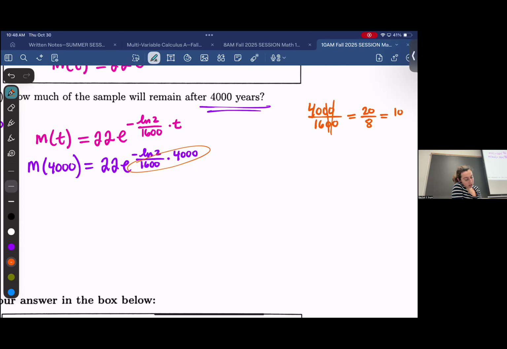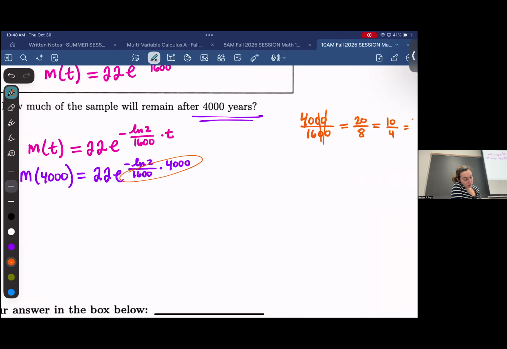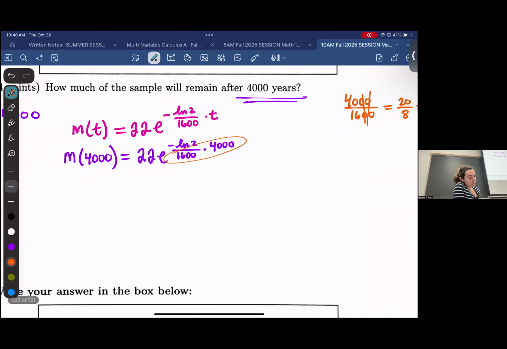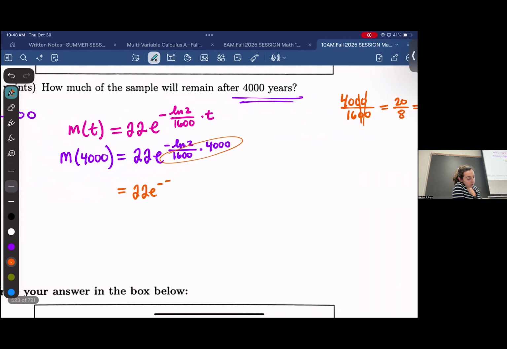Half of 20 is 10, half of 8 is 4, and then half of 10 is 5, half of 4 is 2. So we can rewrite this as 22 e to the negative, we can put that 5 in front, so negative 5 ln of 2 all over 2.